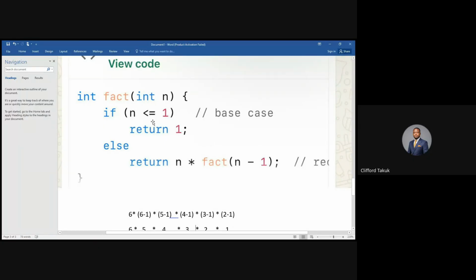Having the calculation behind your mind helps you with your coding, but the calculation will be done by the computer. You are not supposed to do the calculation of 6 asterisk whatever. You are providing the algorithm, and then the computer understands how to calculate the factorial.